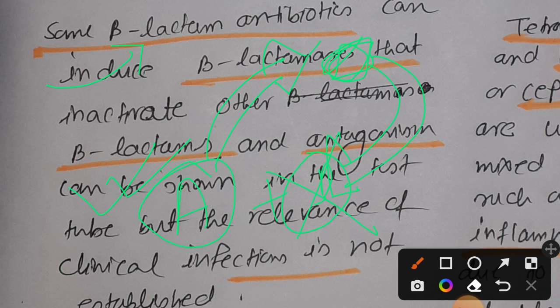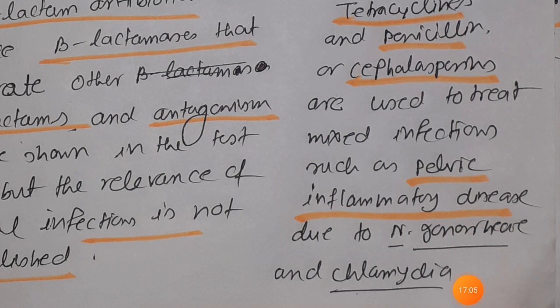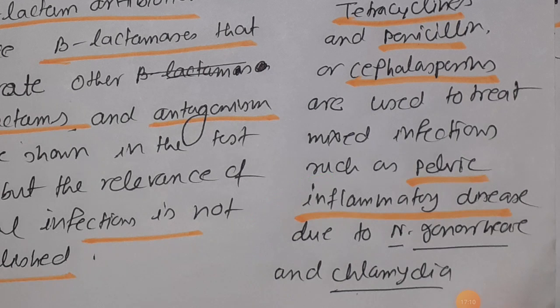No. Is this an example of antagonism? Obvious. Okay, so here we have discussed that chlorotetracycline and penicillin, which we use for pneumococcal meningitis infection, is a sign of antagonism, but we are using it here to treat mixed infection of aerobic and anaerobic bacteria. For example, pelvic inflammatory disease due to Neisseria gonorrhea and chlamydia.